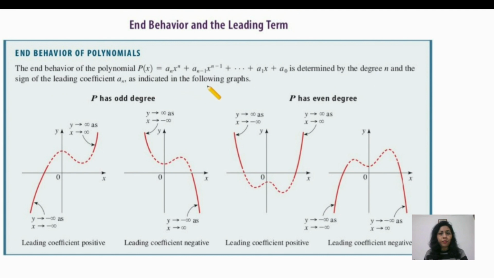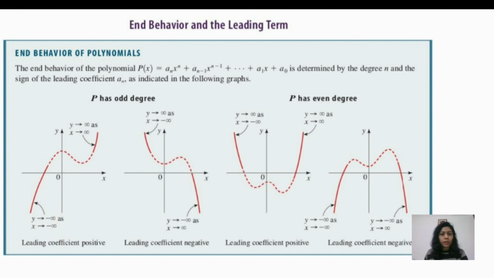As indicated in the following graph, if P has odd degree, it means here n is odd, and the leading coefficient a_n is positive, that time the graph looks like this, and y tends to infinity when x tends to infinity. Here, y tends to minus infinity as x tends to minus infinity.